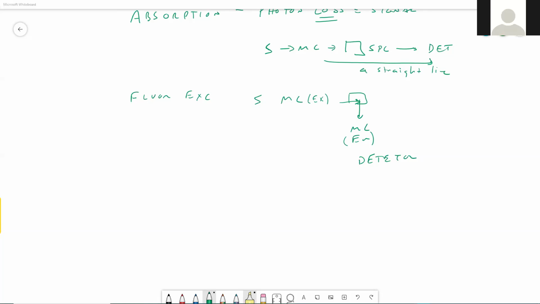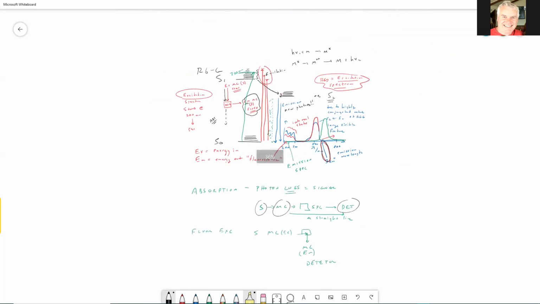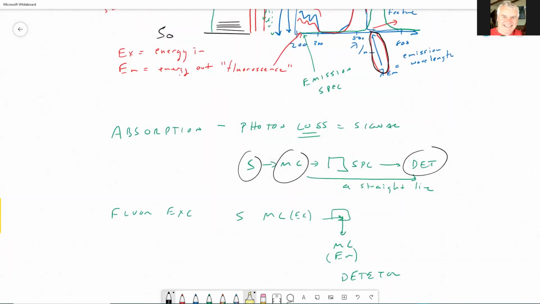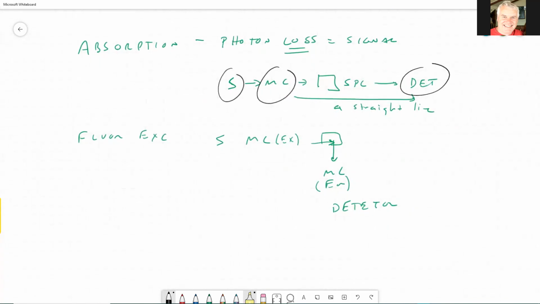And in absorbance, the sorting happens here, right? Then the same light that is absorbed is detected, right? So the same light that comes from the source is detected, and then a loss of that light is the signal, right?